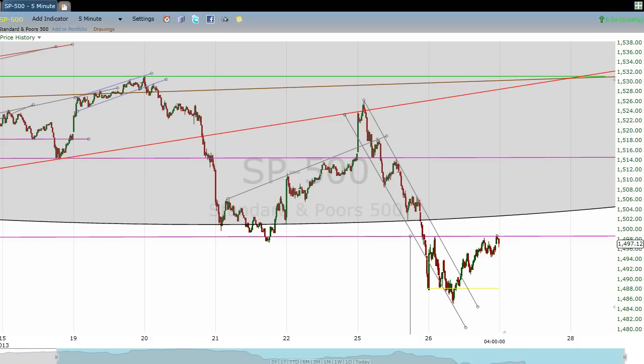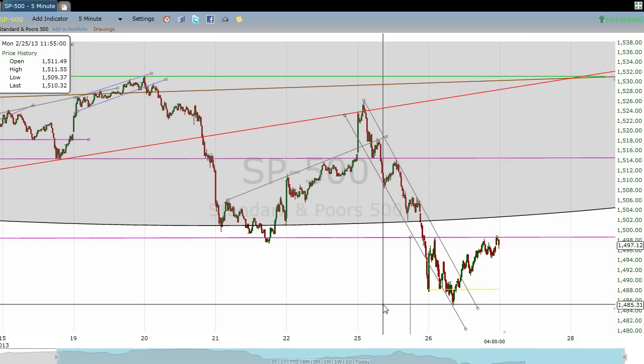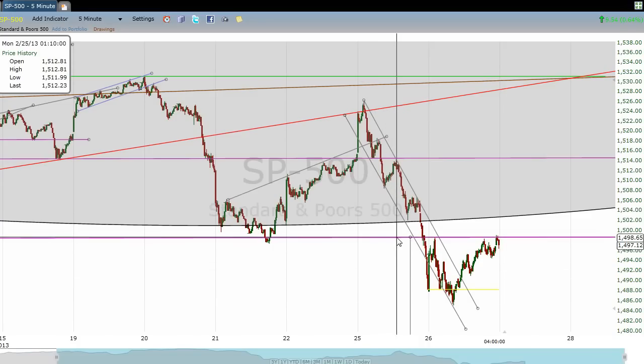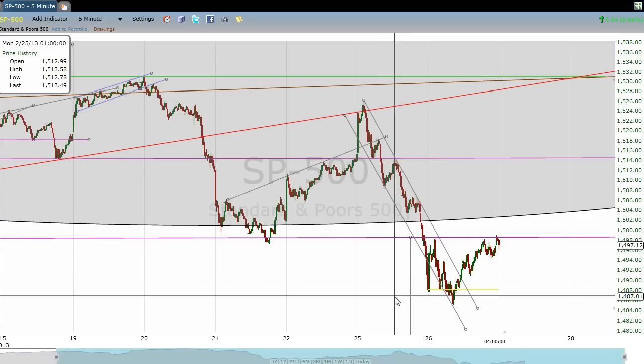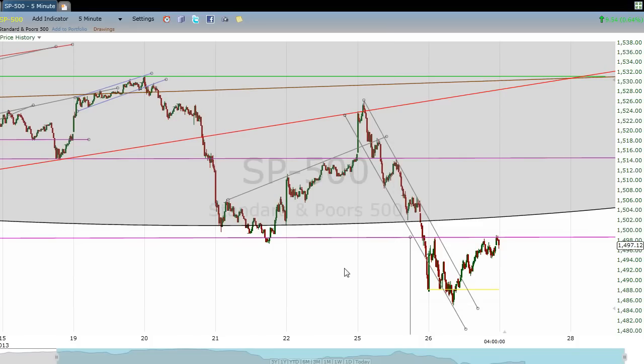Why is that not working? There. With the day's low being about 1485 and this being 1498, that comes very close to being that percent that we're looking for, but not quite.